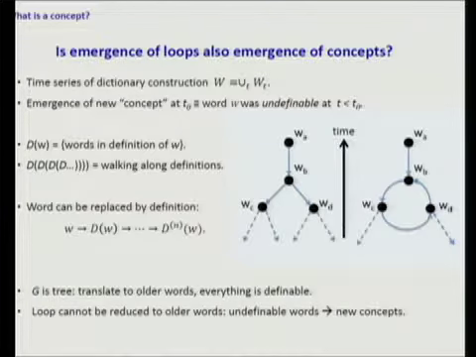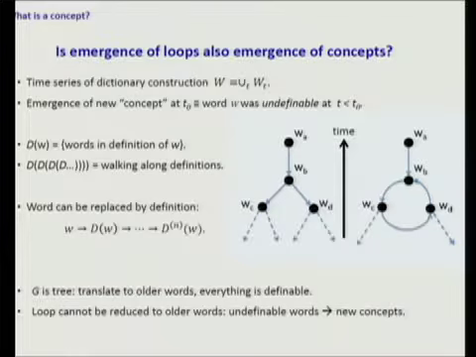So we can look at how this process advances in this graph, and there are basically two possibilities. If the graph is a tree-like object, then let's say that we are here, we have WC and WD, and they can replace a word WD that is defined later, and WB can replace a word WA.